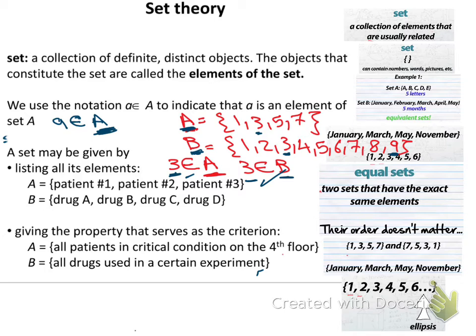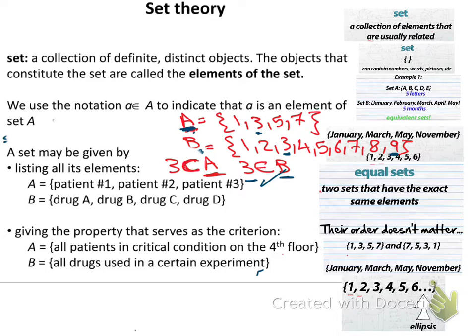Here, the question is whether 9 is an element of A, so I should not go and search in B. I have to search in A. So A has only 1, 3, 5, and 7. So 9 is not. Okay. Someone said, okay, let us write in a different way. Instead of writing 3 is an element of A, can I put it in this way? I write 3 this way.